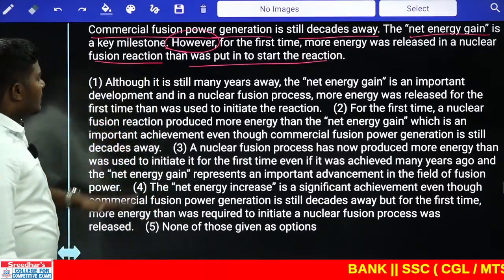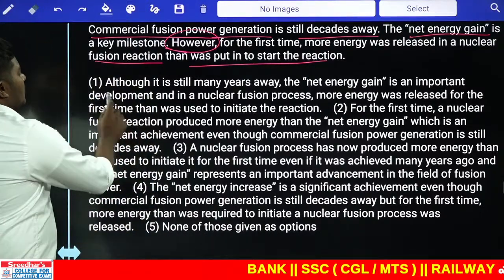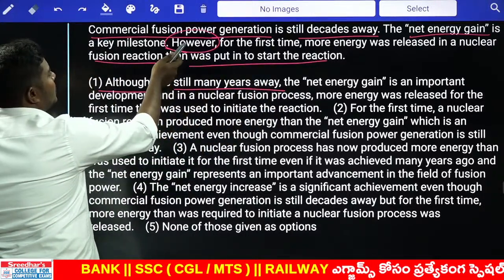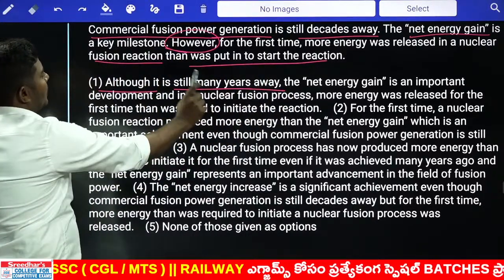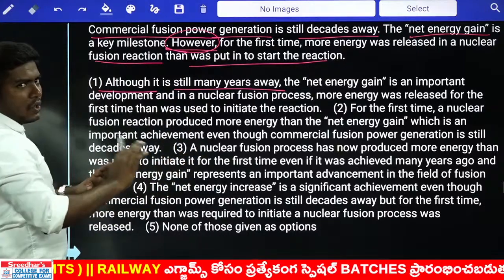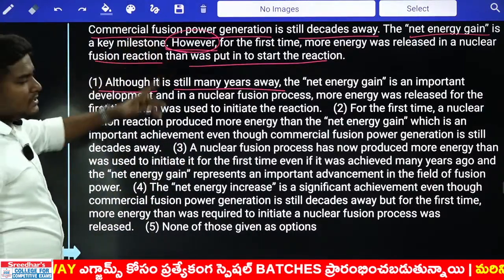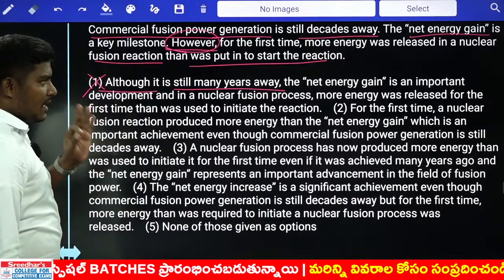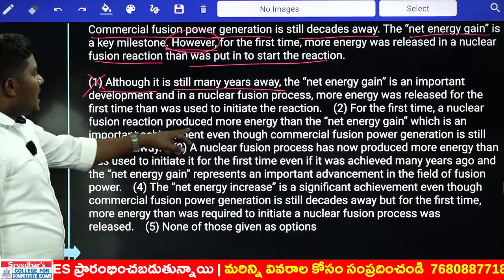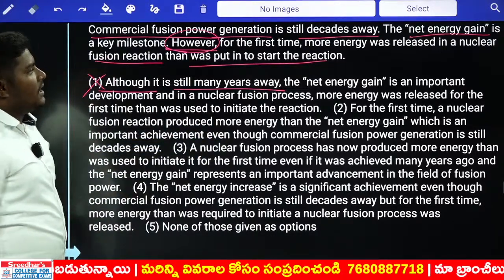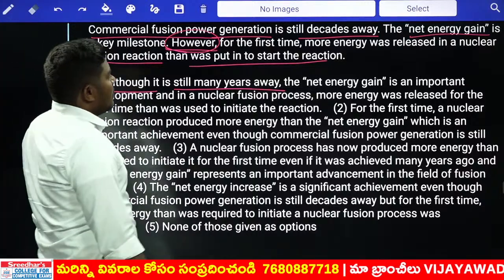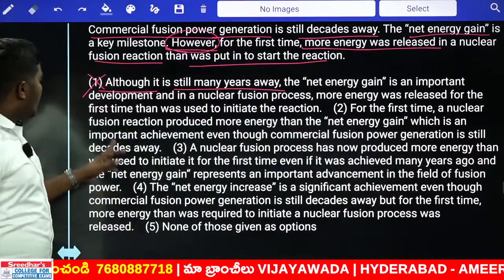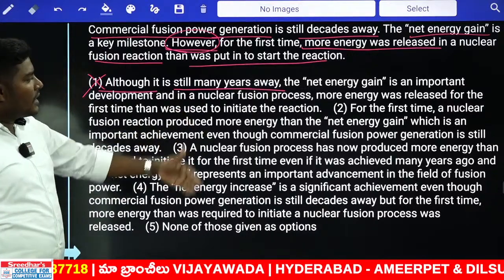Now look at this. Although it is still many years away, we are not trying to contrast the above one and the below one. "However" is here, but that is not exactly the opposite of what was said above. So it is completely a different one. Next, for the first time, a nuclear fusion reaction produced more energy.